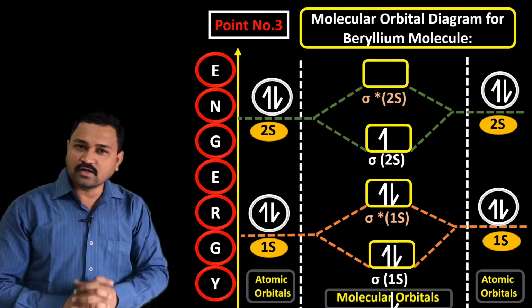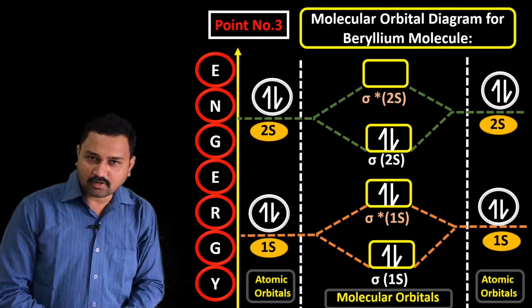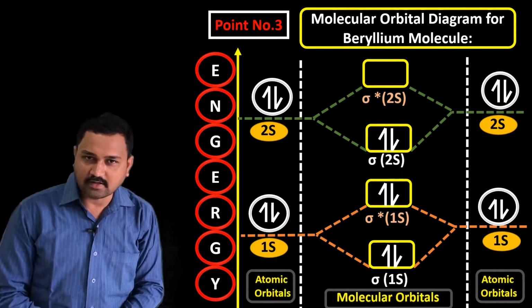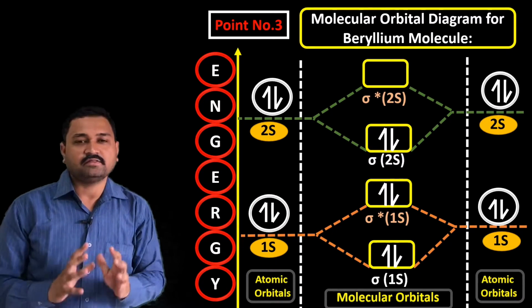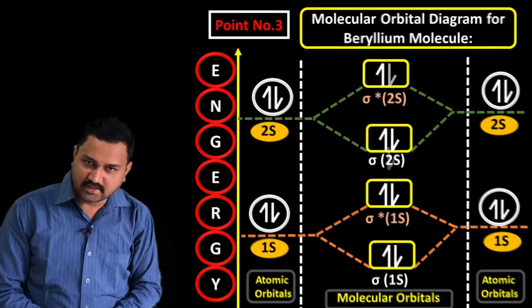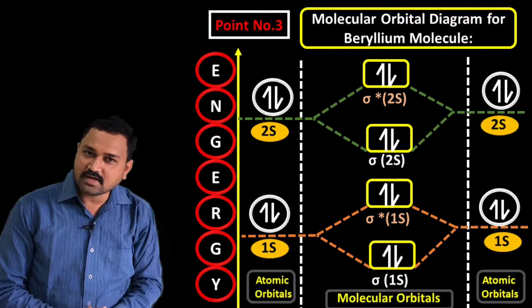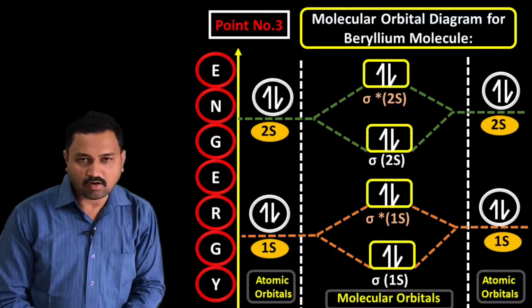Out of those 4 electrons, 2 again enter the bonding molecular orbital, that is the sigma 2s bonding molecular orbital. So only 2 electrons are remaining, and those last 2 electrons will enter the anti-bonding molecular orbital, that is the sigma star 2s anti-bonding molecular orbital.